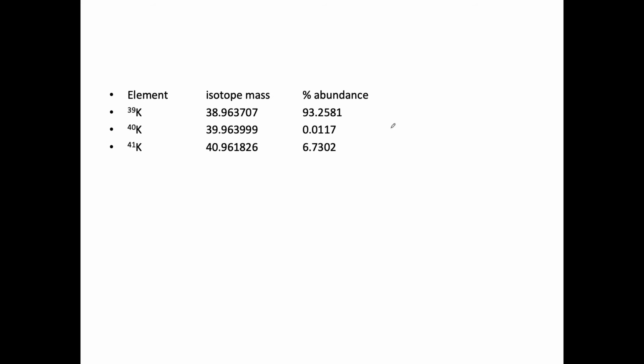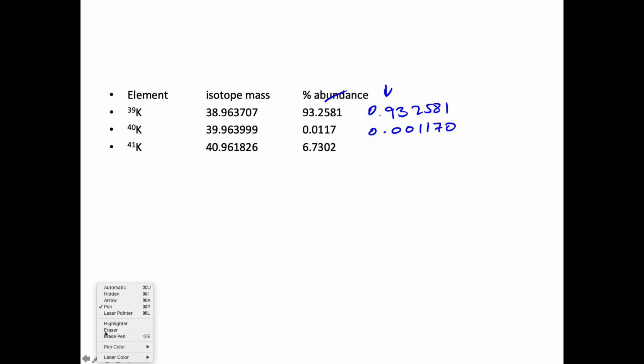So we do create a table and change this to relative abundance. Always change the percent to a relative abundance. It's easy to do, especially when you do it in your head.